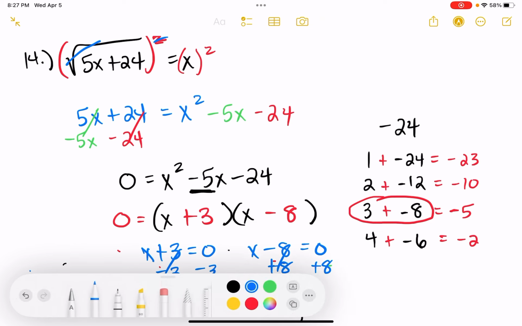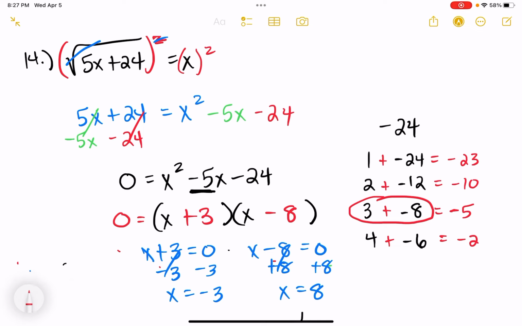Okay, I'm just going to go back to the original problem, square root of 5x plus 24 equals x. And I'm going to plug in the answer choices I got. So first I'm going to plug in -3. Okay, so that would be square root 5 times -3 plus 24 needs to equal -3.